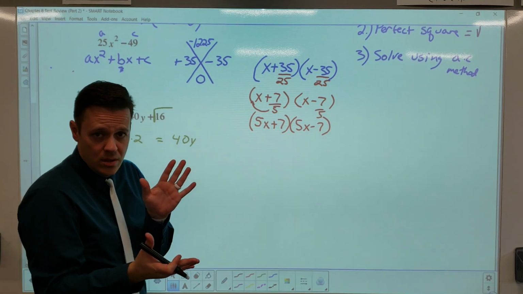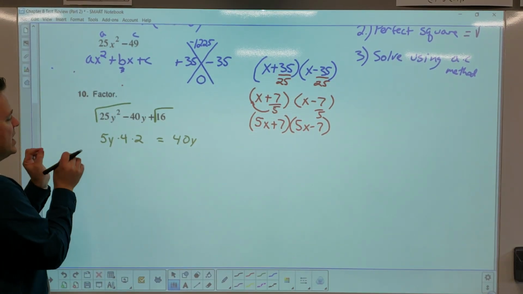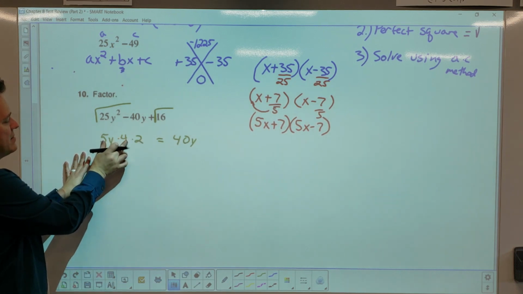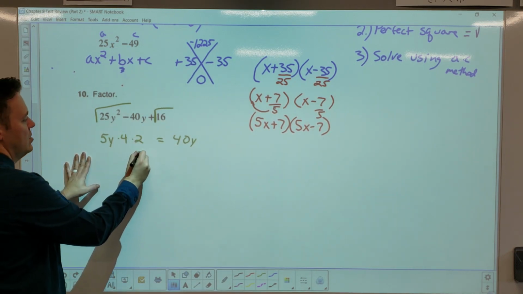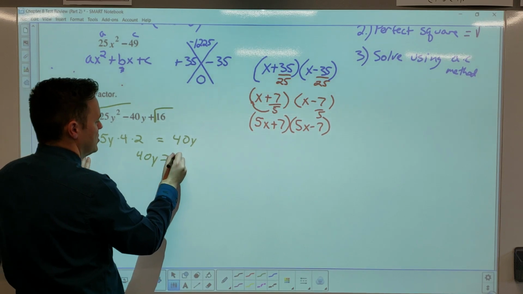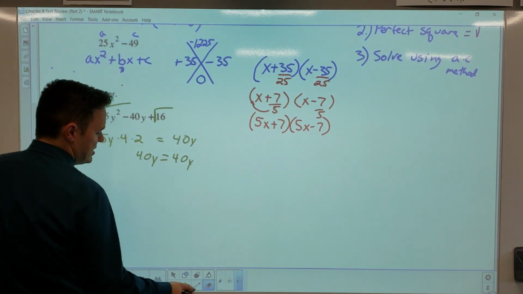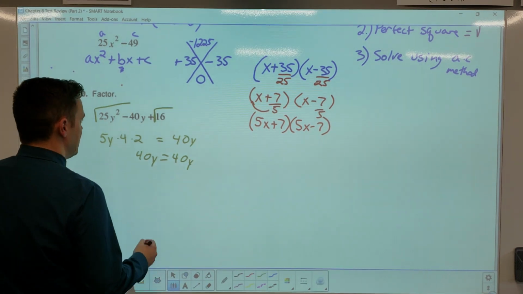Well, let's test real quick. If it does, 5y times 4 times 2. 5 times 4 is 20, times 2, 40y equals what? 40y.